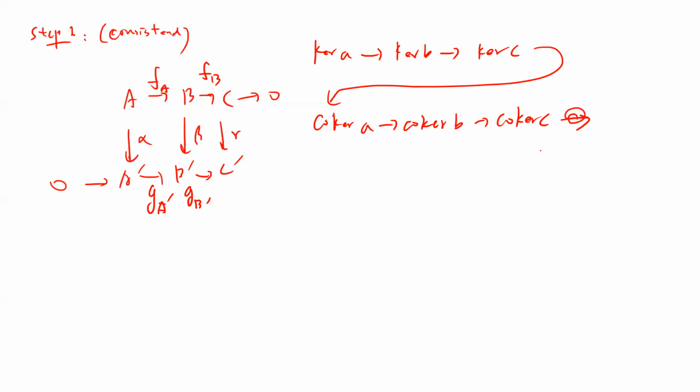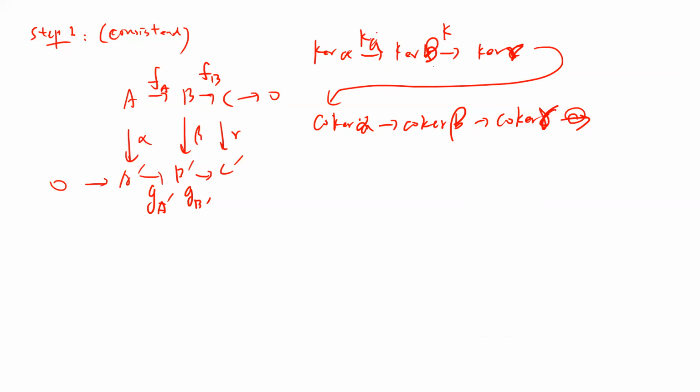Let's denote the definitions. Oh sorry, this should be alpha, beta, and gamma. Sorry, I'm stupid. This should be alpha, beta, and gamma.